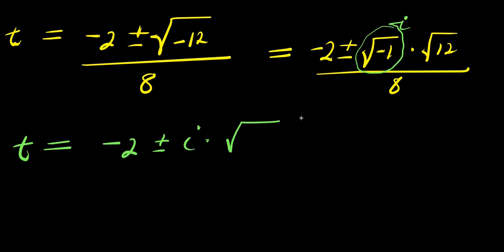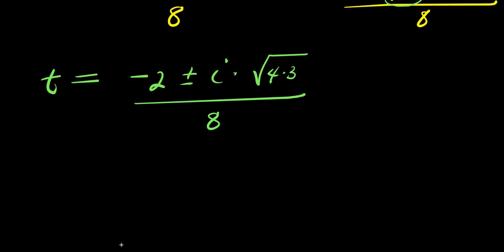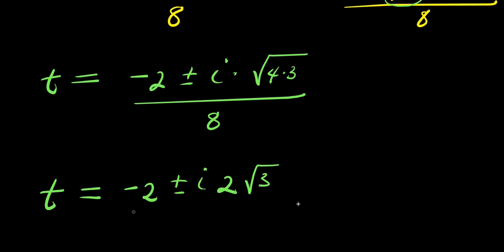I have i times square root of 12. 12 is 4 times 3, divided by 8. From here, I have t equals negative 2 plus or minus i times square root of 4. This is 2 root 3 divided by 8.